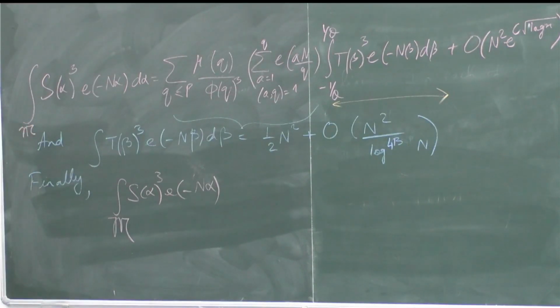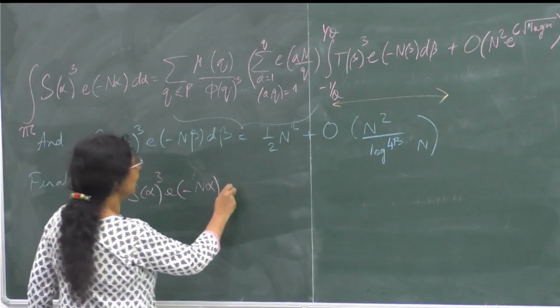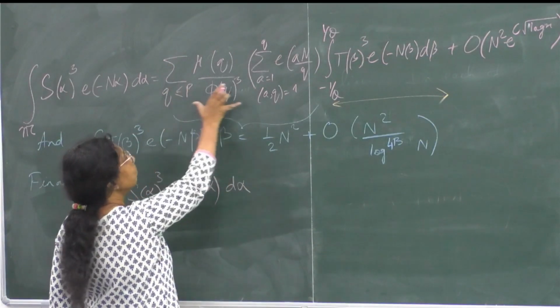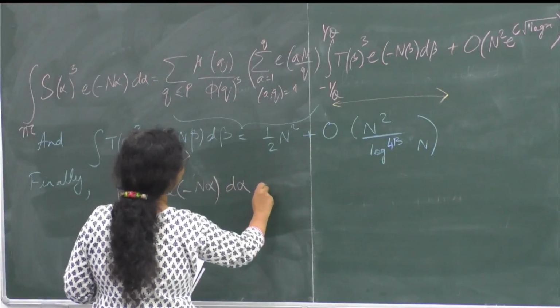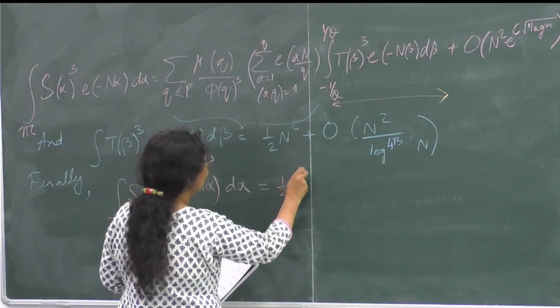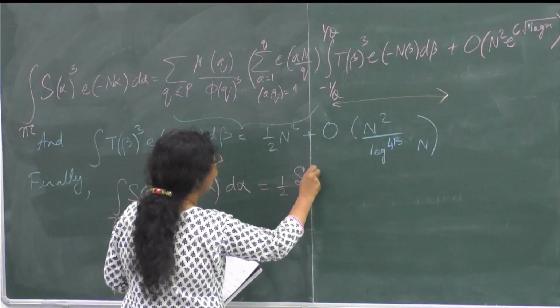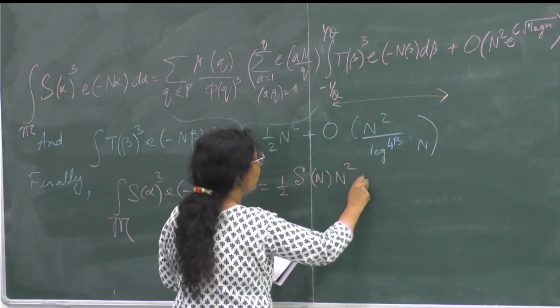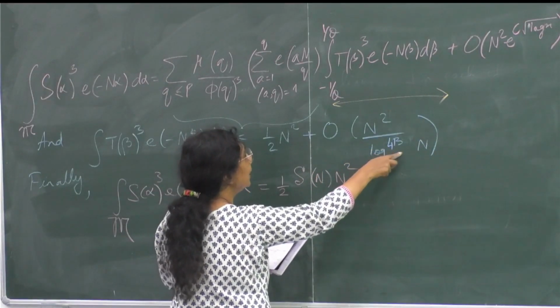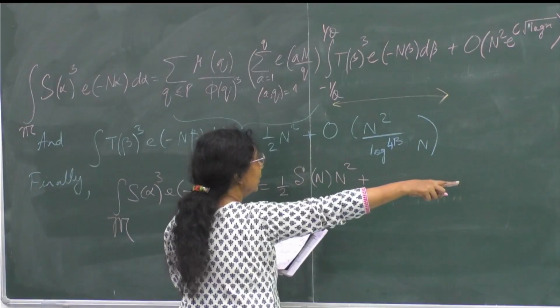Yeah. So this one, d alpha. Remember that from this part we got the singular series from here. So we write it: this will equal half S_n n square. And then what remains is you have a 4b here and a b minus 1 there.